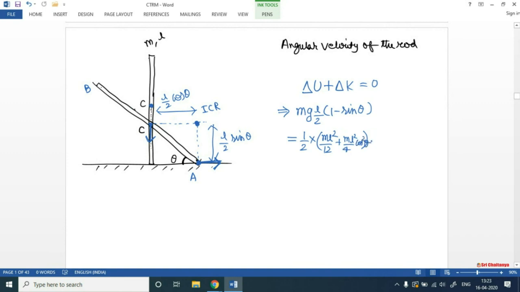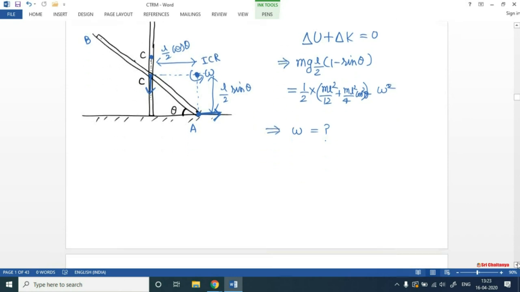So this is the moment of inertia, multiplied with omega square, since about this point it is undergoing purely rotational motion. Solving this equation, we will be able to get the value of omega. Once we get omega, we will be able to find the velocity of each and every point on the rod, just as we have learned. So this is how we can deal with this problem.